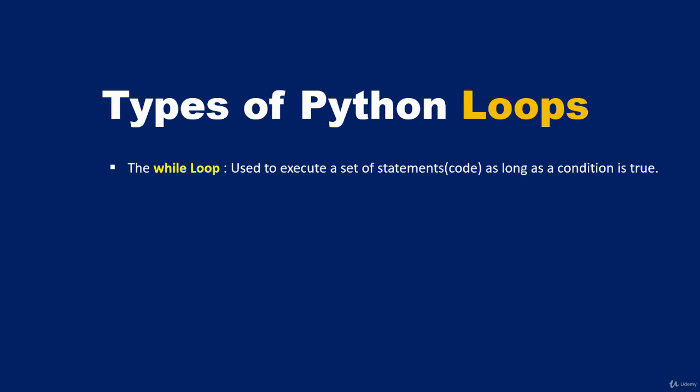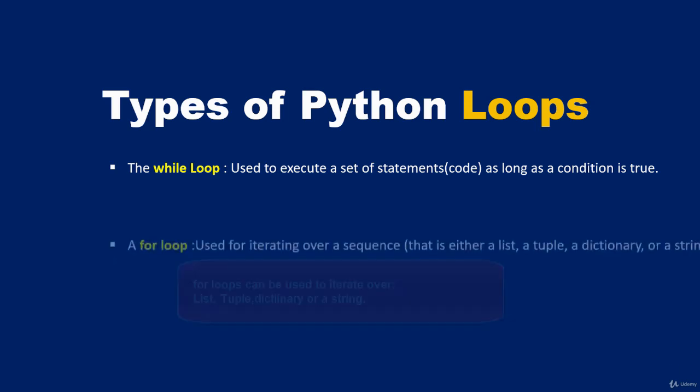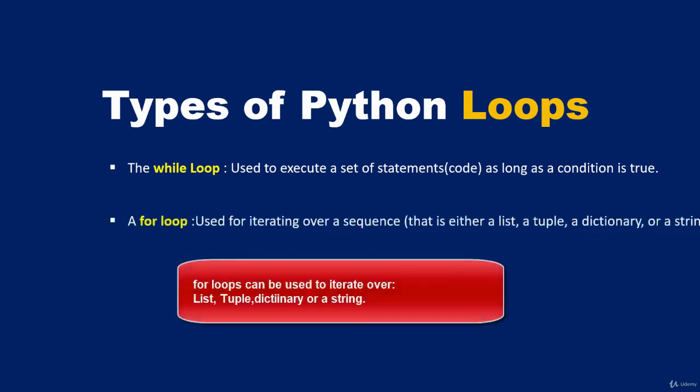The next type of loop is called a for loop, which is basically used to iterate over a list of items. So for loops are particularly useful when you're using a list, a tuple, or a dictionary. It can even be used to loop through a string.